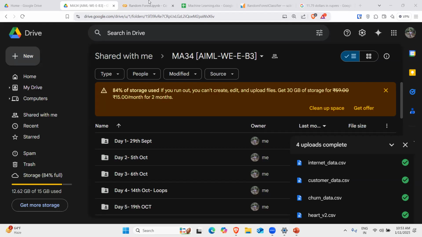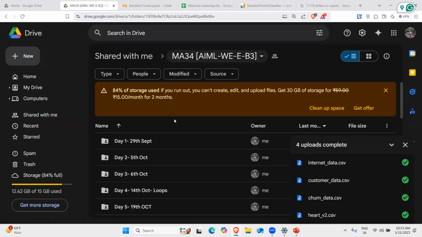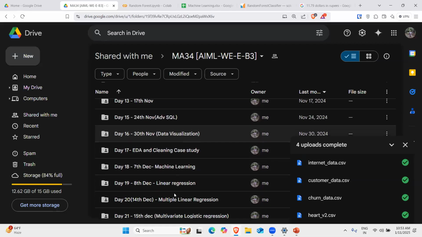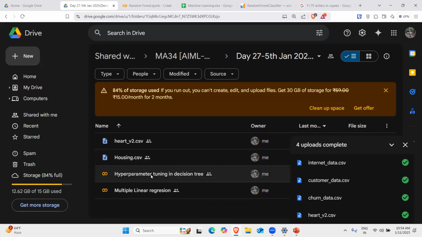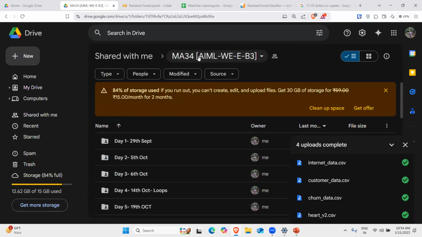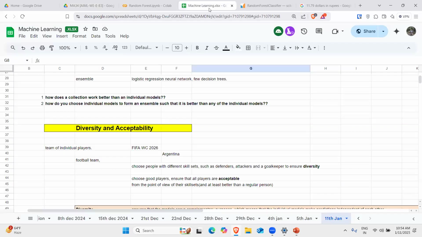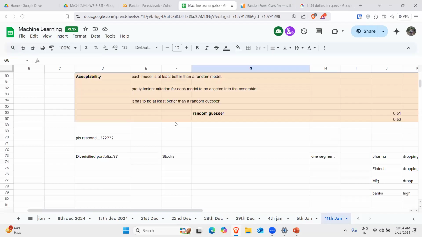Random forest is something which, okay, I think we have done this in the random forest model itself, here, hyperparameter tuning, decision trees, multiple linear regression. Okay, not an issue. Let us focus then on the theoretical part. Let's go back to where we belong.